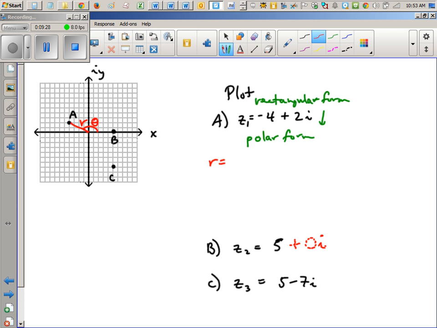R should simply be the square root of -4 squared plus 2 squared. No big deal. Square root of 20. I'm not going to simplify it, I'm just going to leave it, root 20. Theta, same old, inverse tan of y over x.